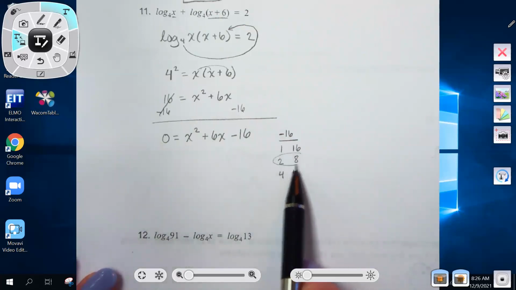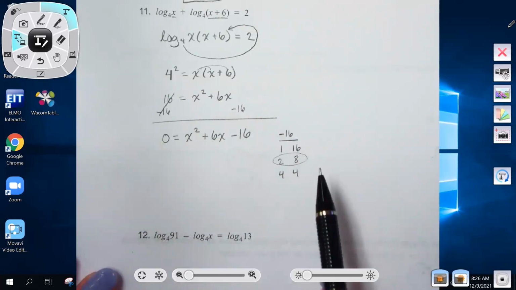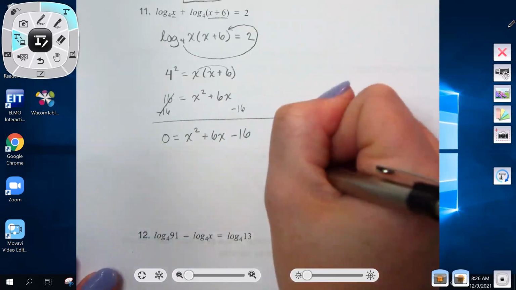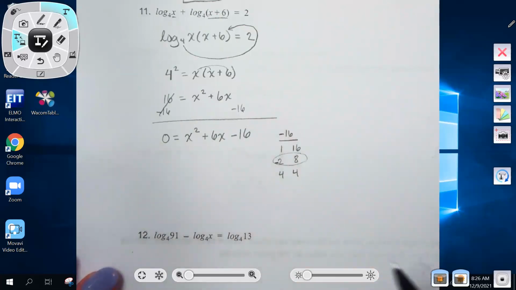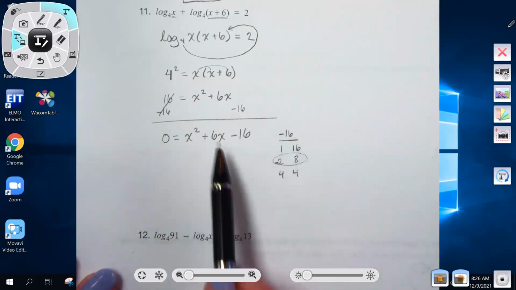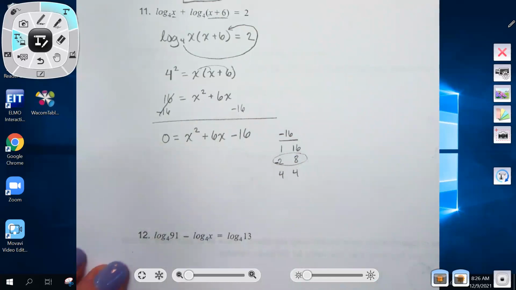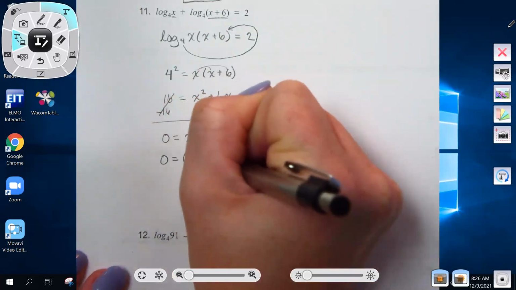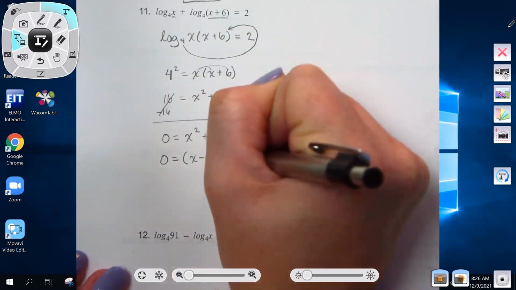So if we use 2 and 8, we keep the 8 positive and make the 2 negative. Those would multiply to be negative 16. They would also add to be positive 6. So our factors are x minus 2 and x plus 8.